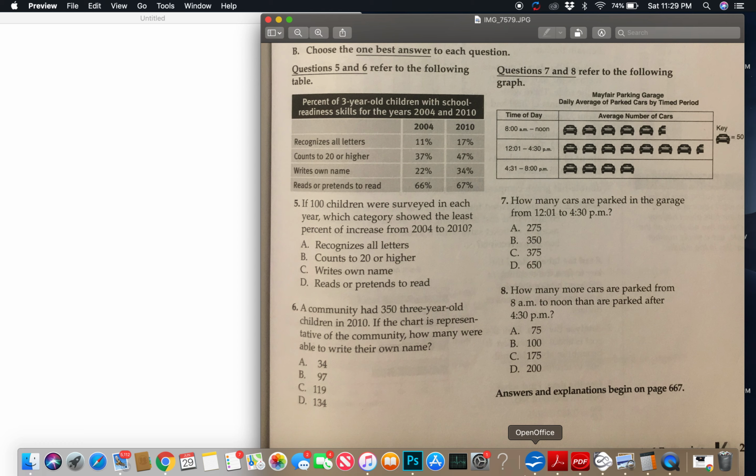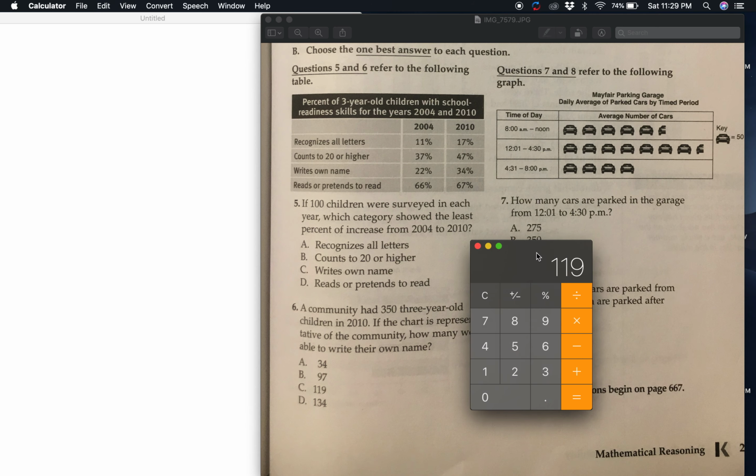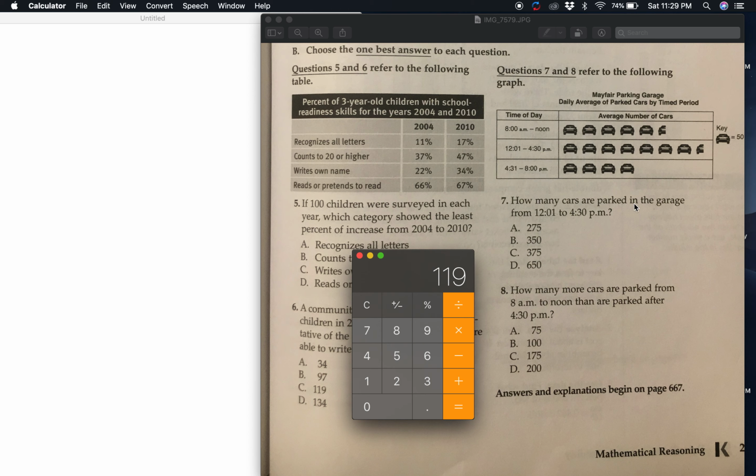So there's 7.5 cars. 7.5 times 50, because each one represents 50 cars, is 375. So between that time, there are 375 cars on average parked there, because it says daily average of parked cars.